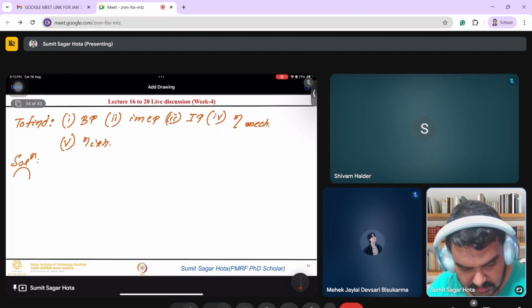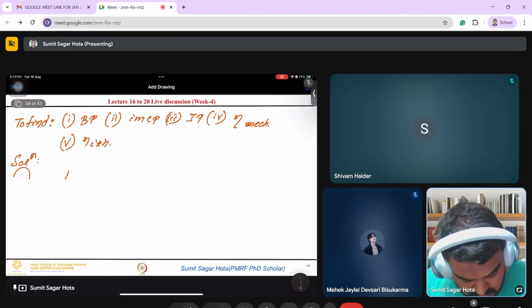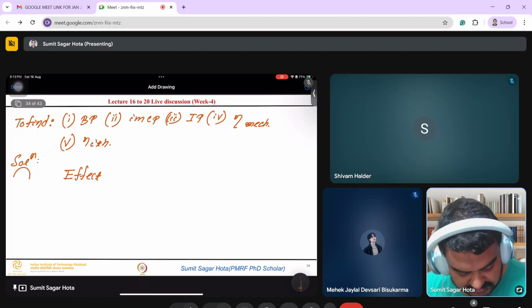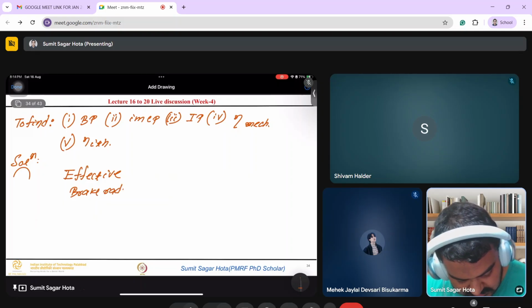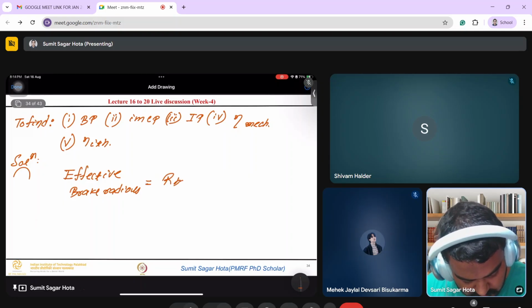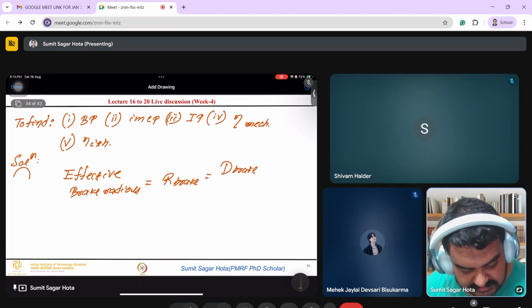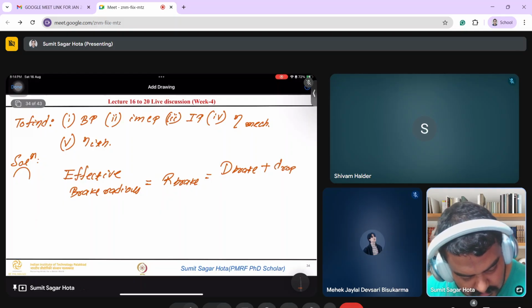First, one term we need to know is the effective brake radius. I don't know if it's covered or not, but remember this term and how it's defined. When the rope diameter and all these things are given, effective brake radius is D brake plus diameter of the rope, divided by 2.